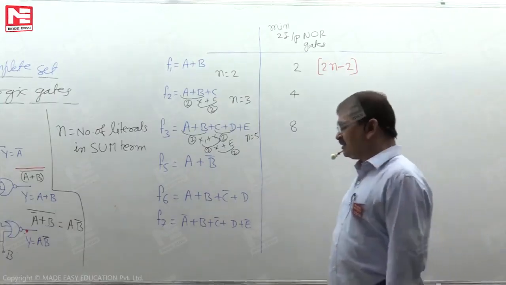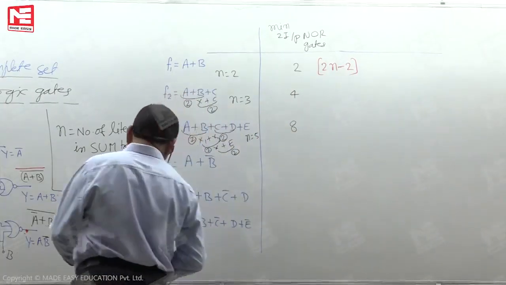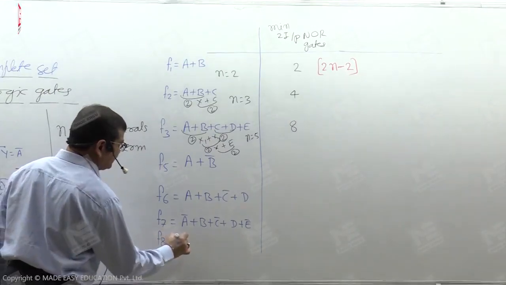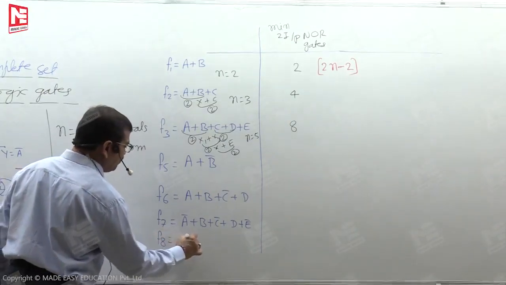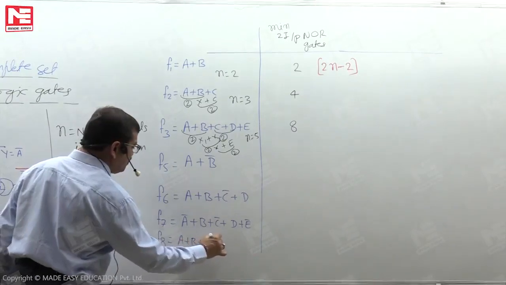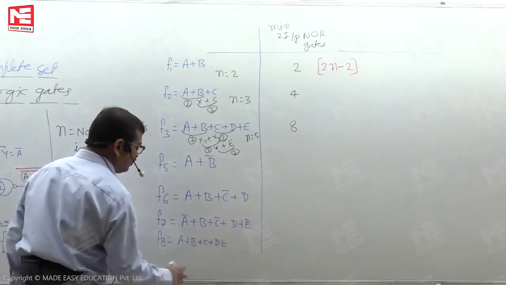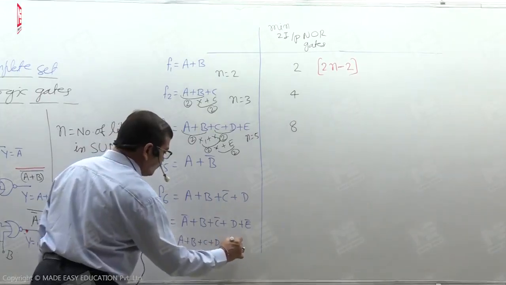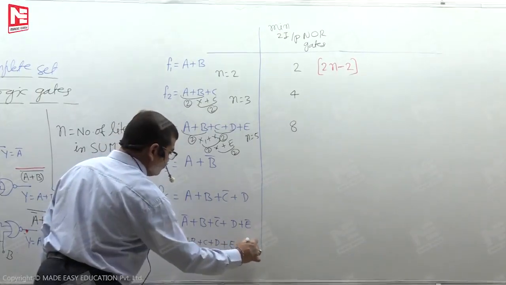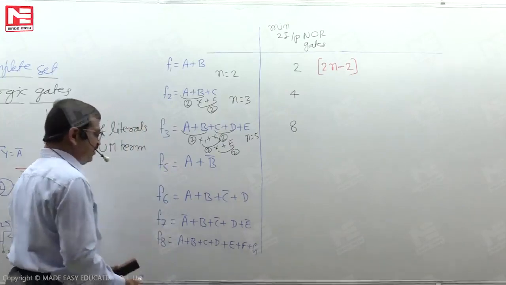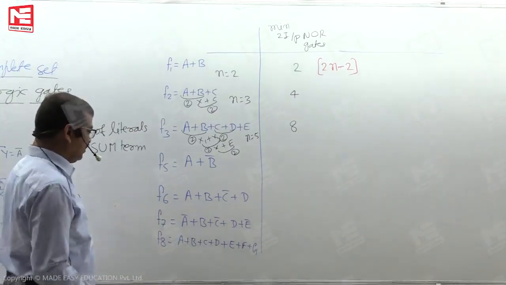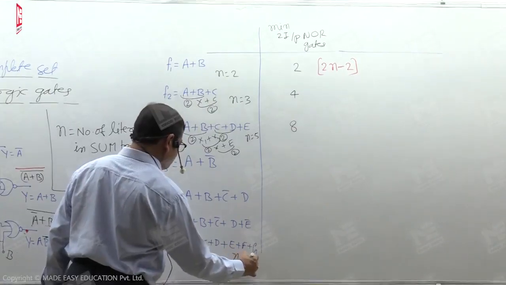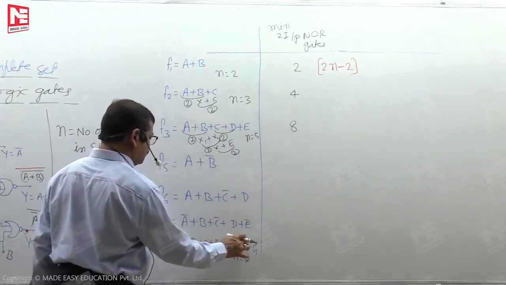So based on this, suppose we have some function F8, which is A or B or C or D or E or F or G. So n is 7, is it? 1, 2, 3, 4, 5, 6, 7.